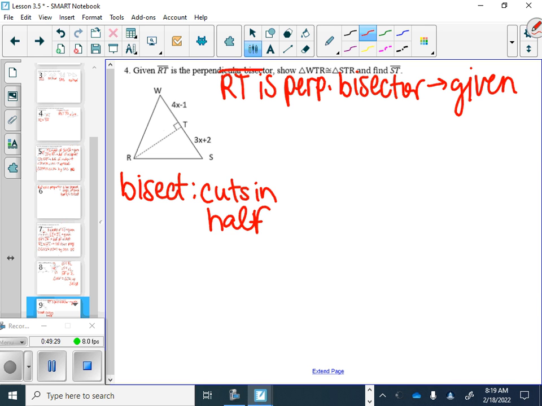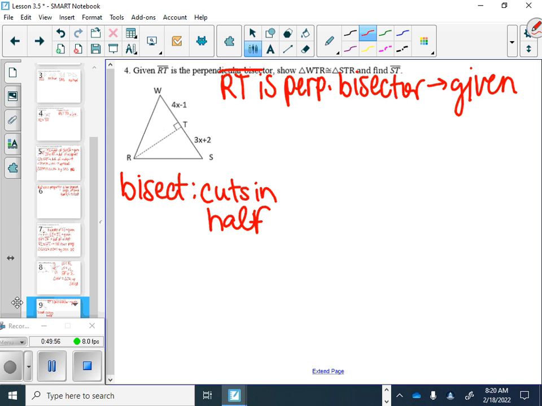Perpendicular bisector means it intersects at a 90-degree angle and it cuts the segment in half. So this is saying RT is cutting this segment in half. So what does that mean about these two sides? They equal each other. So it's kind of like a midpoint.